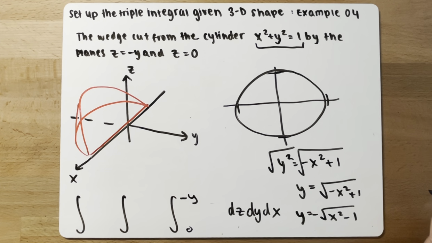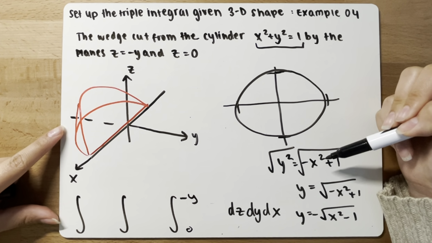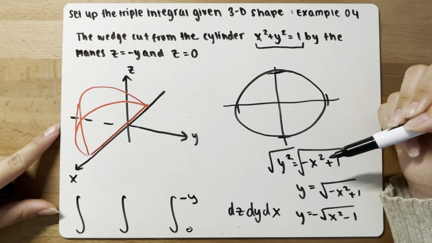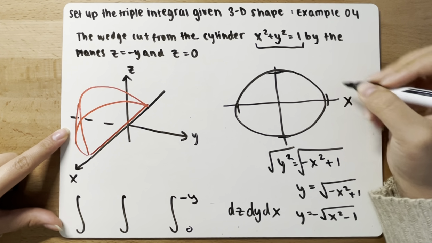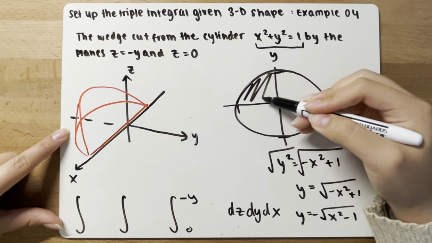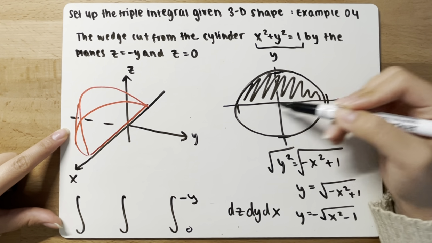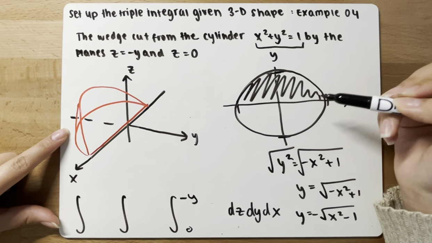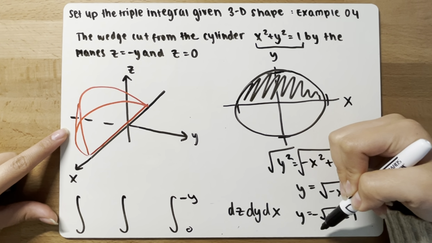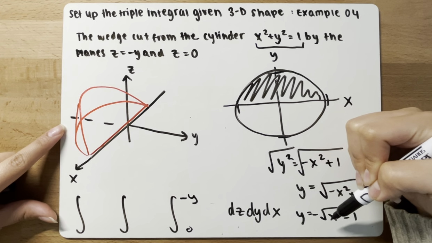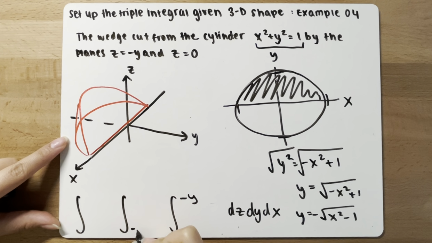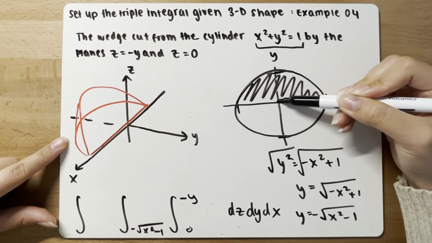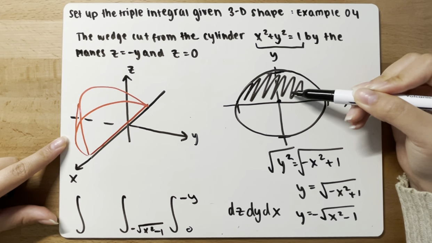Now, we know that this shape right here does not include a positive y. If this is the x-axis and this is the y-axis, it would not include this part right here. Therefore, we're working with only this bottom half of the circle. And if the bottom of the circle is negative square root of x squared minus 1, the top of the circle would be here, and this point is at 0, 0.